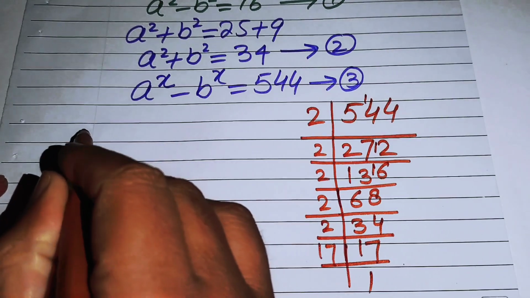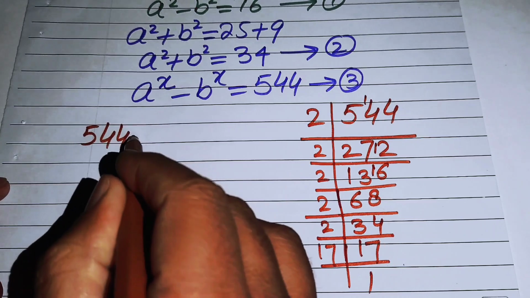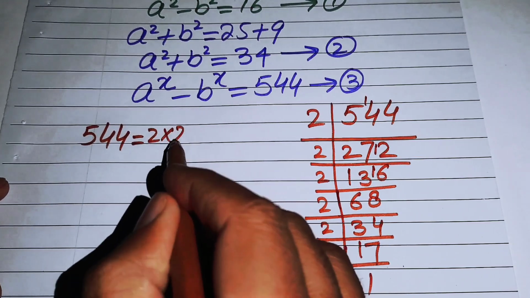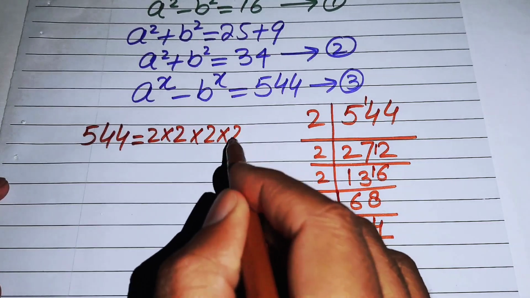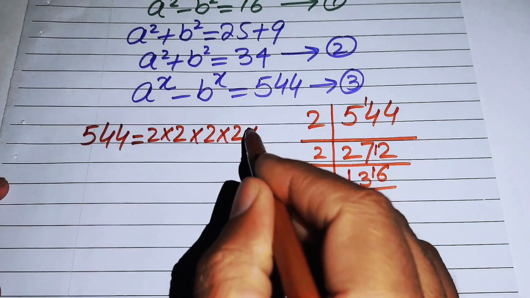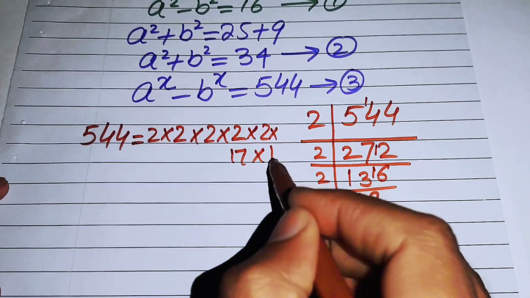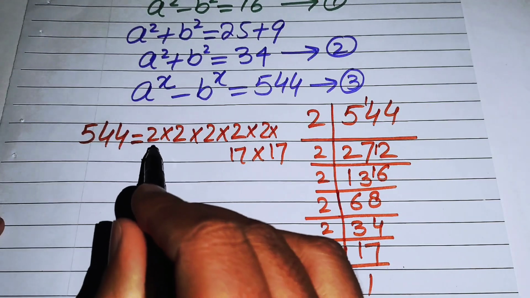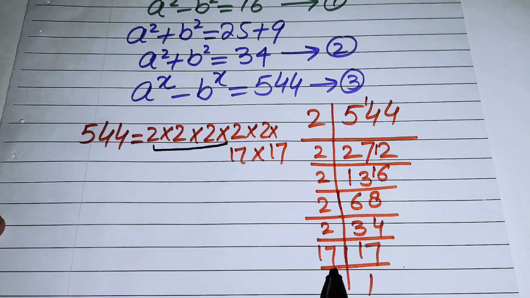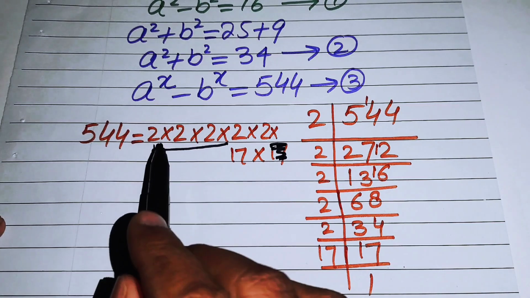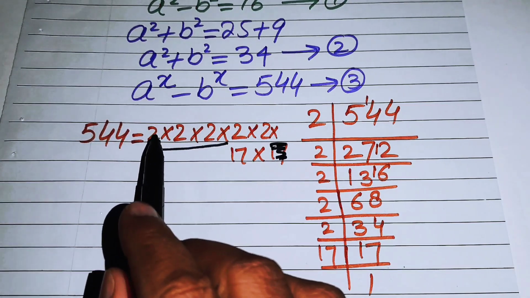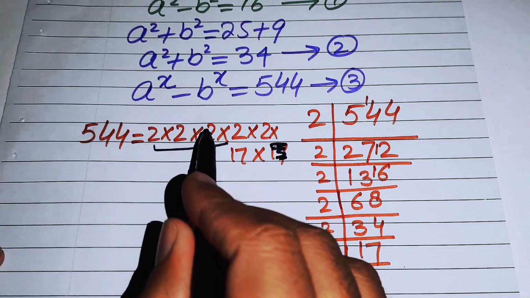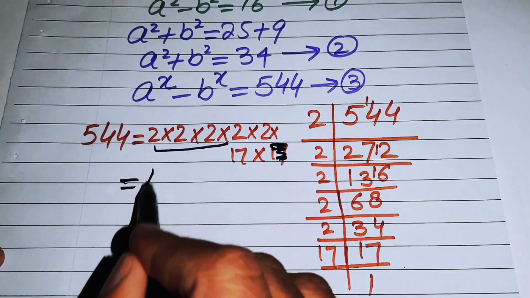So the prime factors of 544 are 2 times 2 times 2 times 2 times 2 times 17. Now we multiply the first 4 factors: 2 times 2 is 4, 4 times 2 is 8, 8 times 2 is 16.